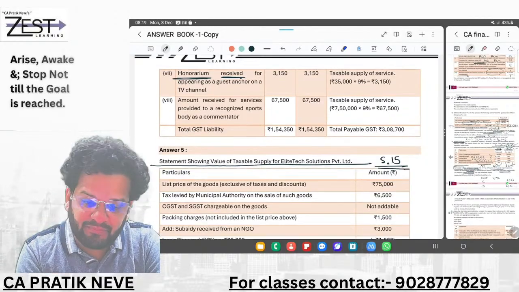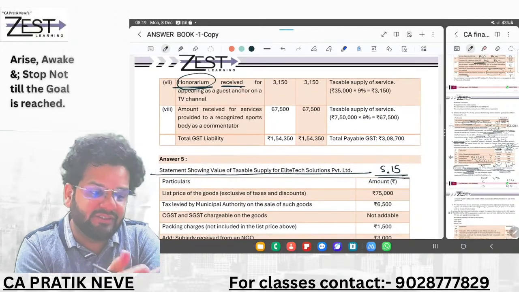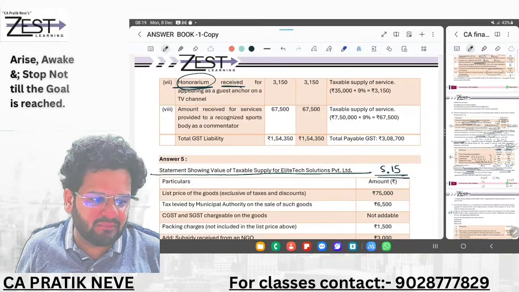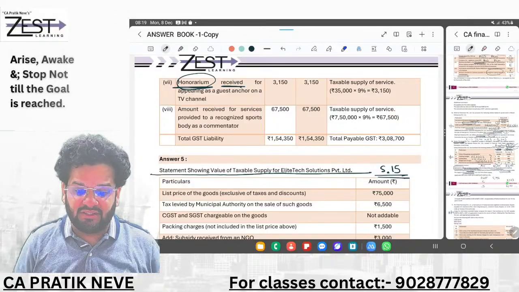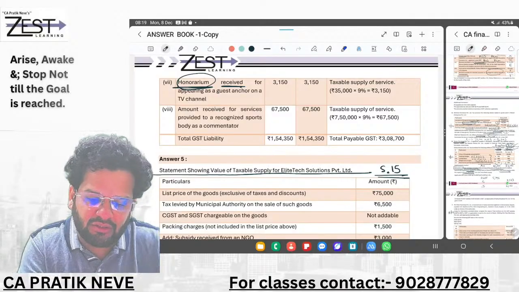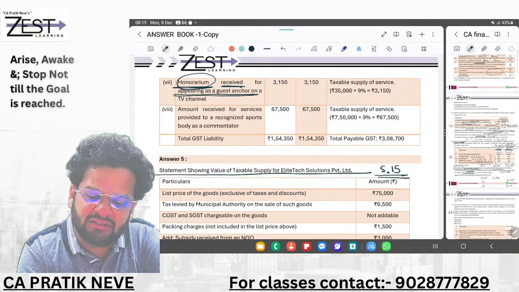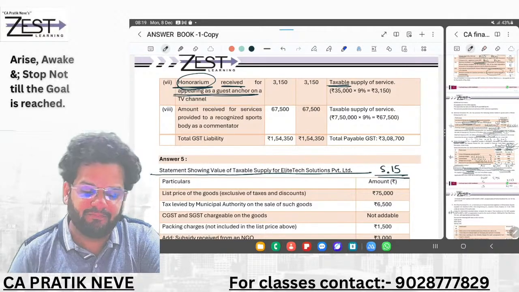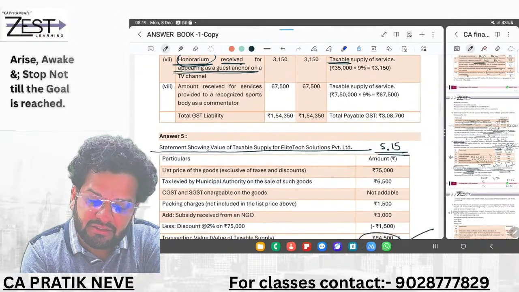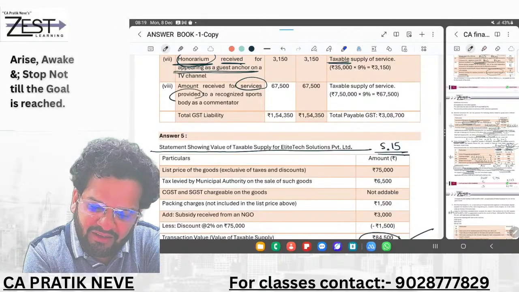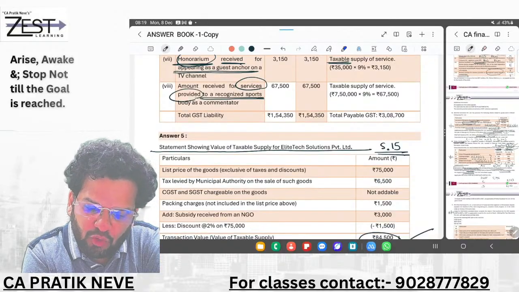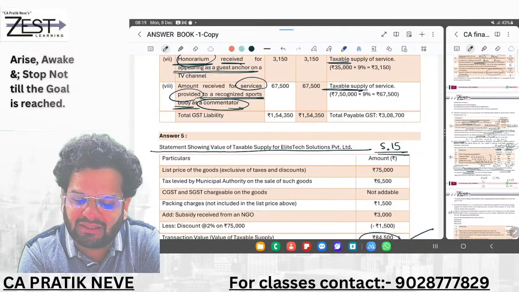Let what is received be called honorarium, that doesn't make a difference. It is a consideration for appearing as a guest anchor. It is fully taxable. Then services provided to a recognized sports body as commentator, that is going to be a taxable supply.